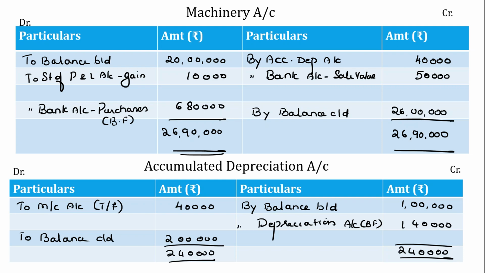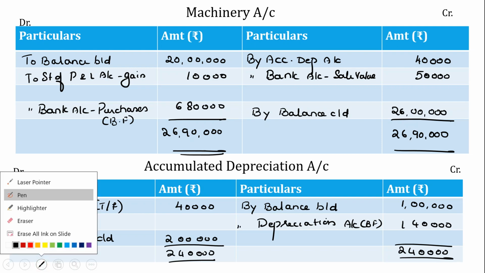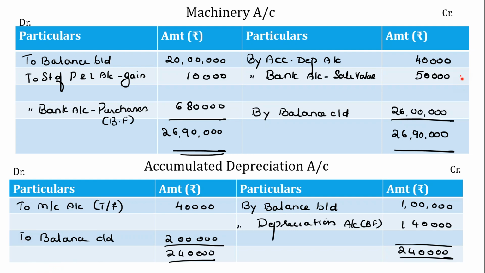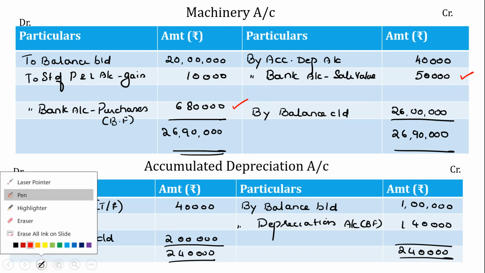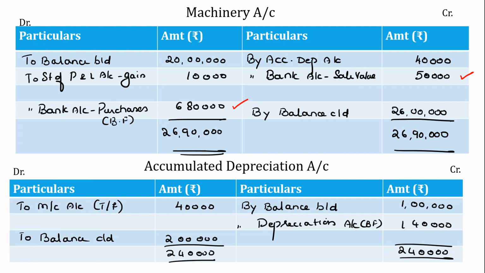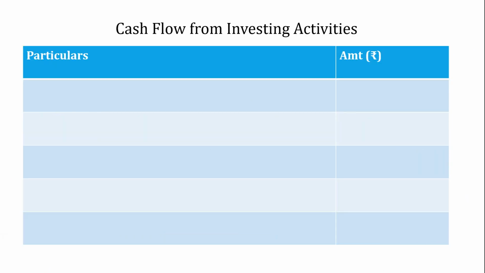So what is going to be taken from here? The amount that is going to be taken from here is the sale value, which is an inflow of 50,000 from sale of the machinery, and the purchase of machine made during the year, 6,80,000, which represents outflow. So let's go and incorporate it. So we will prepare the part of the cash flow statement related to investing activity.